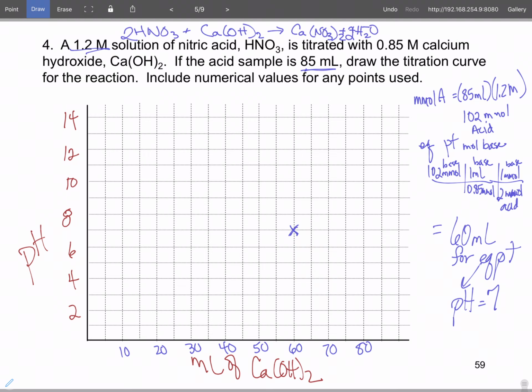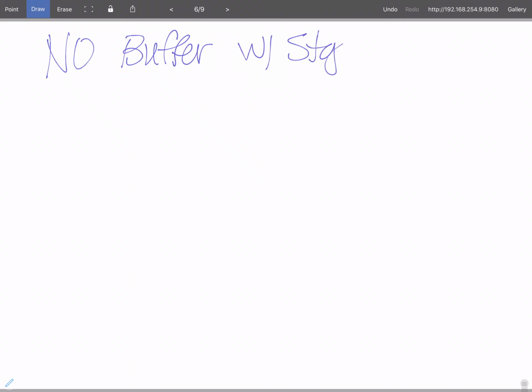So there's my middle point there. Now, unlike weaks, there is no buffer zone with strongs.